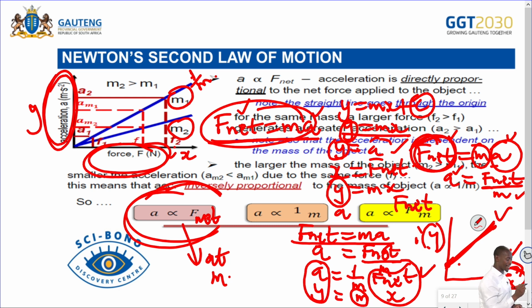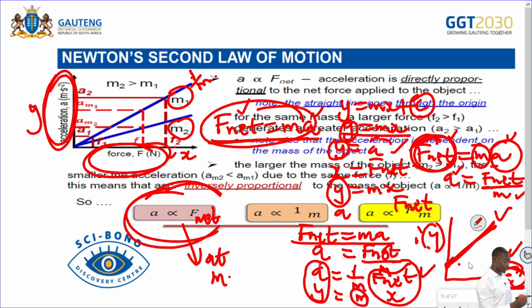So we did that. We said F net equals MA. Then my y, because it's the subject of the formula when it comes to y equals mx, my y is a. Okay, I've done that. I've made a the subject of the formula, then a equals F net over m. But remember my F net should be X, right?